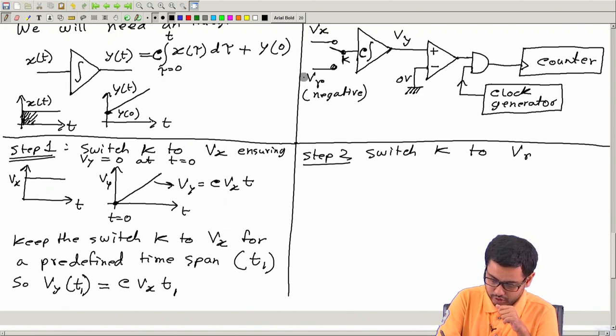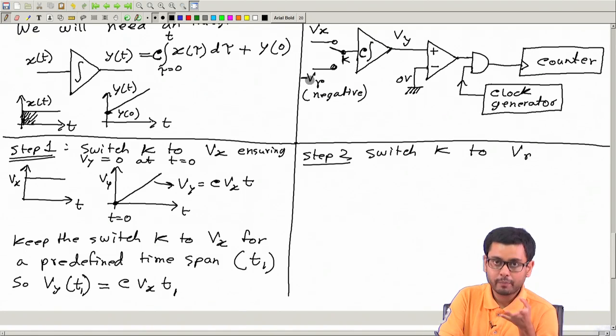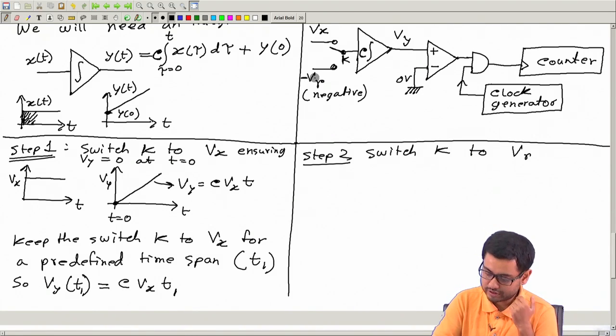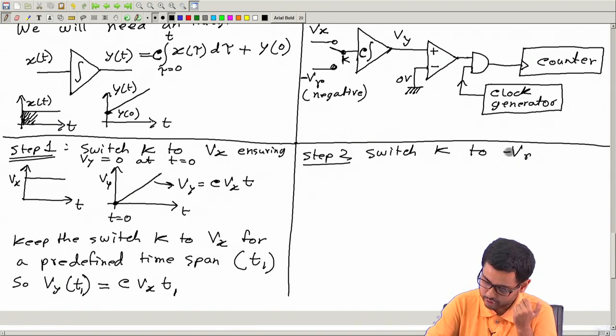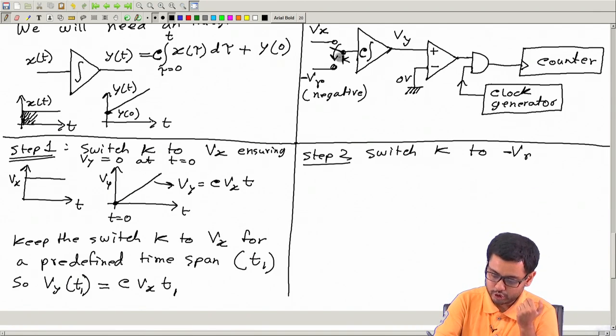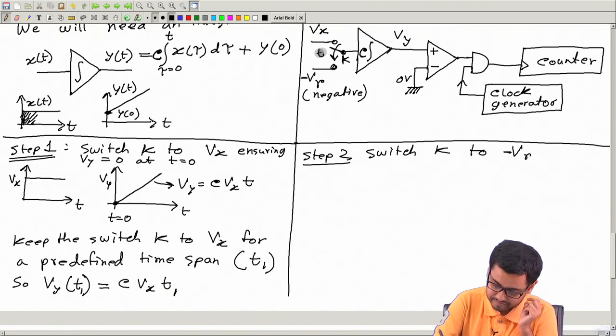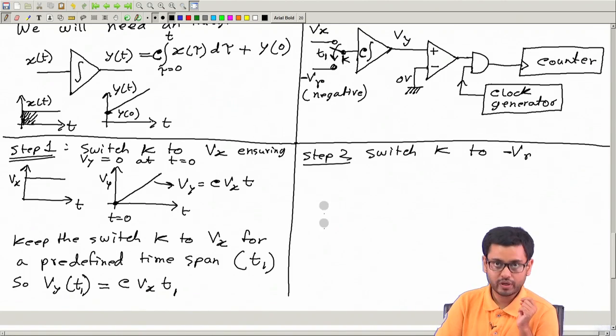So call it minus VR. This is a negative value, like minus 5 volt. If VR is 5, this is minus 5. So then switch to this. Now this is connected to this at time t1. So at t1 bring this switch here.